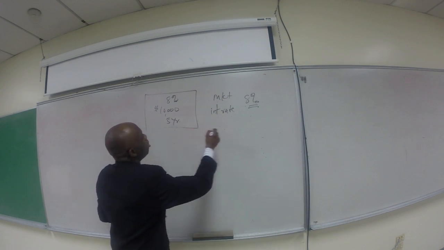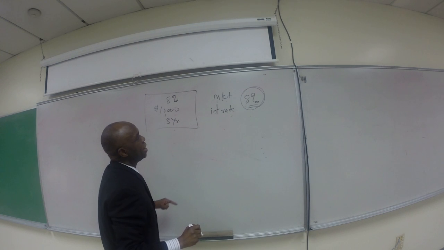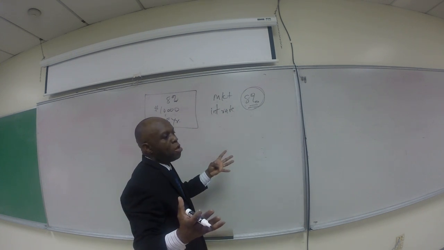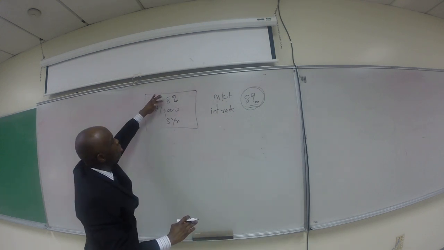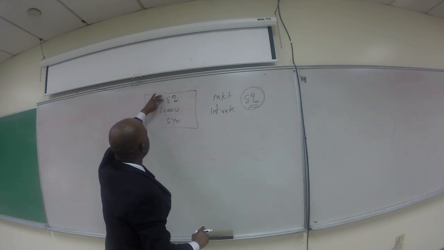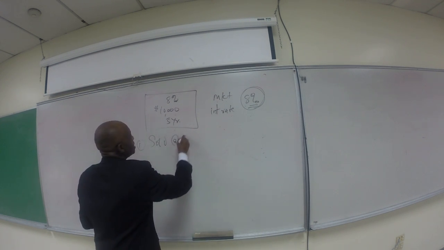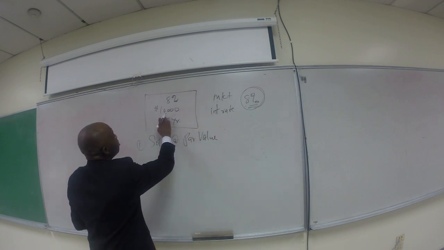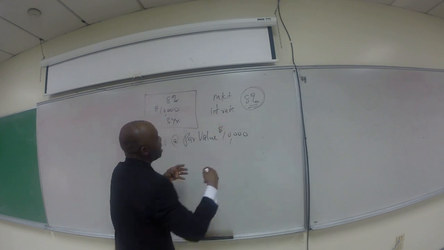Now, if the bondholder investor goes to the financial market, the best he or she can do is also 8%. So because the market interest rate and the stated interest rate or the face rate are the same, the bond will be sold at par value. What does that mean? Meaning the bond will be sold at exactly $10,000.